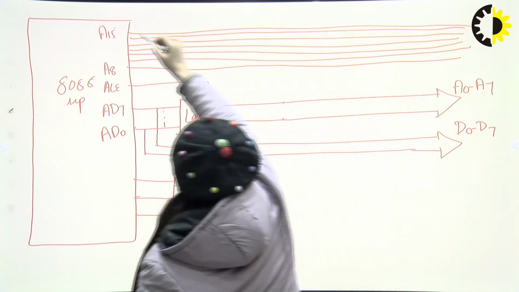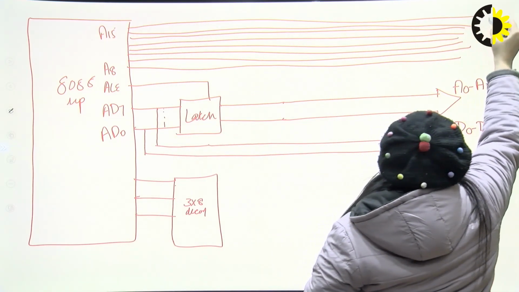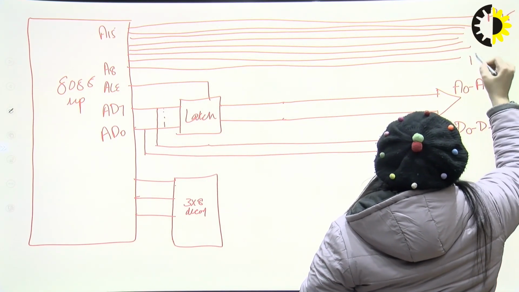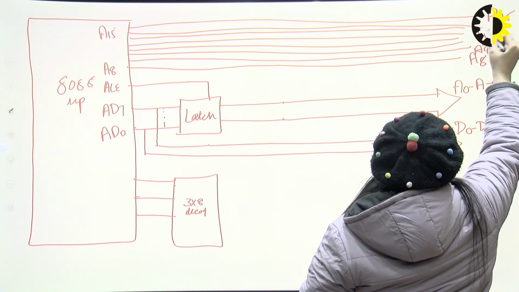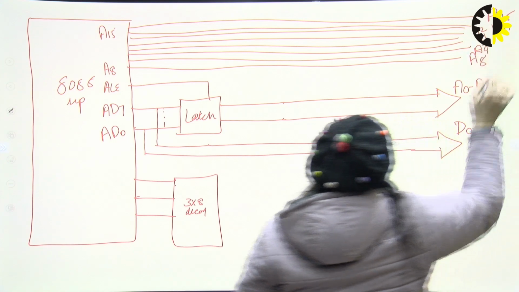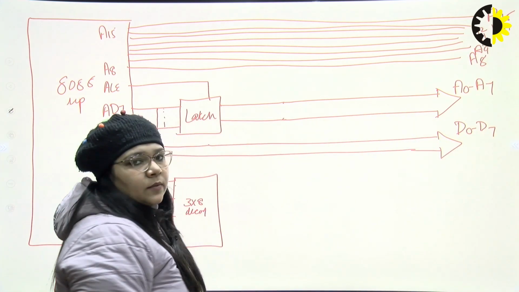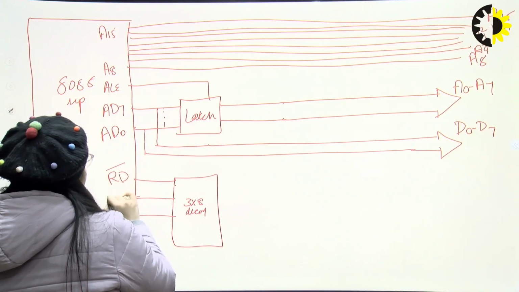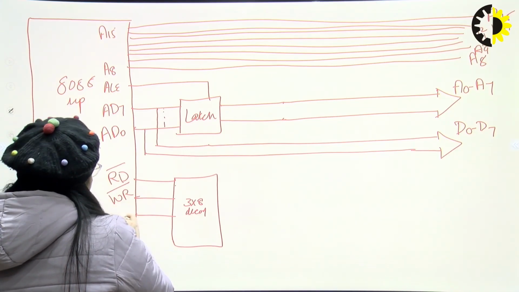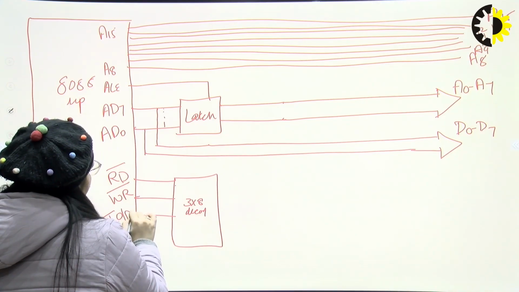And last is A15. So this is A15 and A8, 9, 10, 11, 12, 13 and 14. These are the address lines. Now what is required? Inputs: read, write, input output, memory bar.